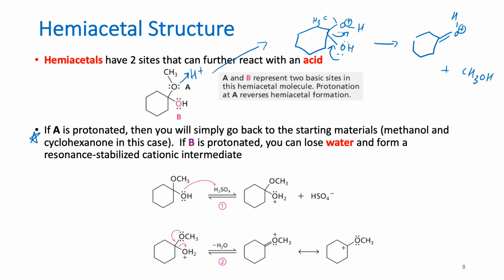And you know that that oxonium right here can easily be deprotonated to yield the cyclohexanone again. So what I'm trying to show you here is that that process, reprotonating A, is not very useful. You're just going to go back to your starting materials, which happens quite often unless you manipulate the equilibrium to favor the products as you hope to.